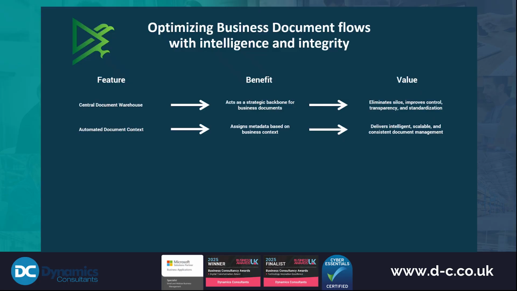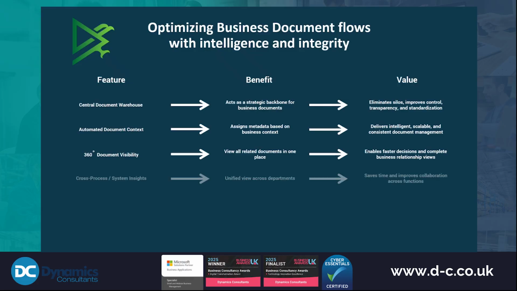It pops up for your convenience. It gives you a 360-degree visibility on all your documents because they are all stored in one central place. And it boosts the collaboration across different departments, because every department, again, with the right authorization, has access to the documents they need.